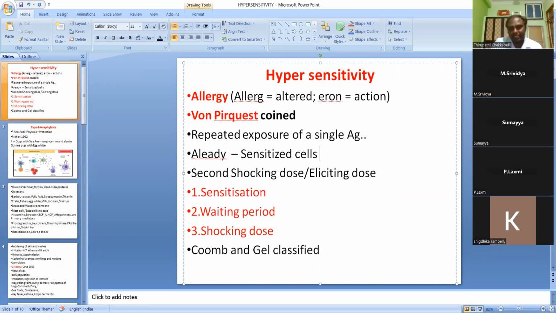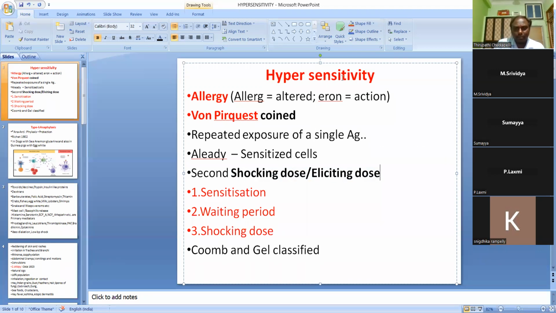In the second case, they react very aggressively, which leads to tissue damage. In hypersensitivity mostly tissue damage occurs. Such a second dose we call the shocking dose or eliciting dose.